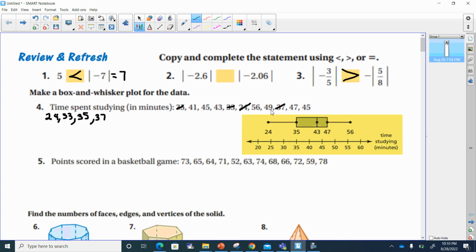All right. Next one would be 41. Next would be 43. Next would be 45. And they've got that in there twice.